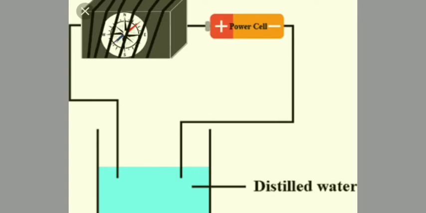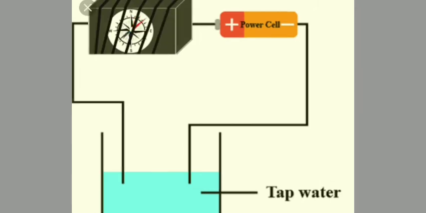Distilled water is nothing but pure water. So this water doesn't contain any type of impurities. Now when we insert the free end of the tester, we found that the compass is not showing any deflection. The compass needle is not moving. Why? Because it is a poor conductor of electricity.